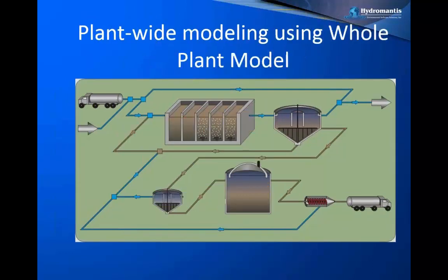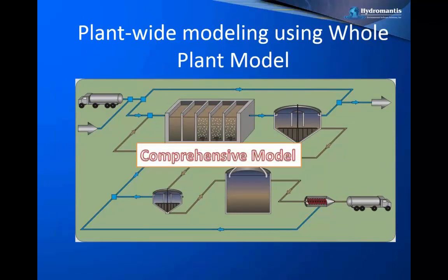Another concept which we can use to model anaerobic digestion processes is just by defining a very comprehensive model, which includes all the states, for example, all the biomass species which are active in the liquid train as well as in the anaerobic digestion stage.